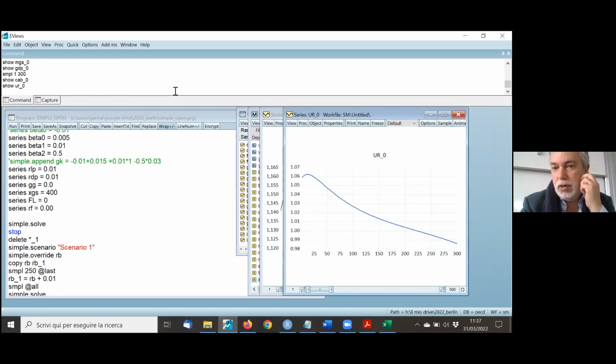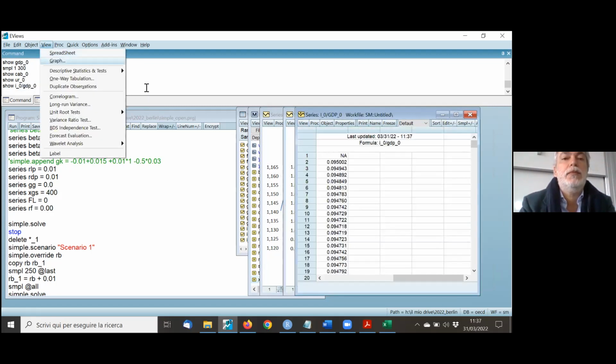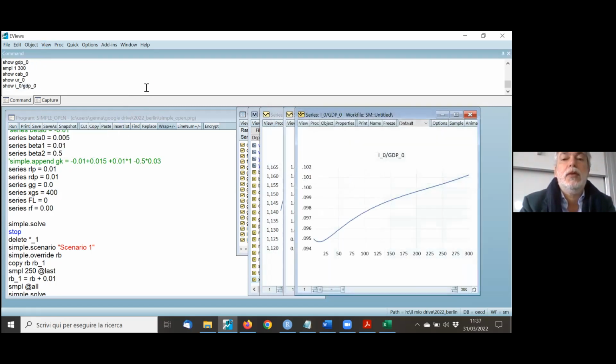So this is dropping. I think we have to play around so that the share of the components of demand are stable. Because here I think that investment is falling relative to GDP. Actually, it's increasing as a share of GDP.